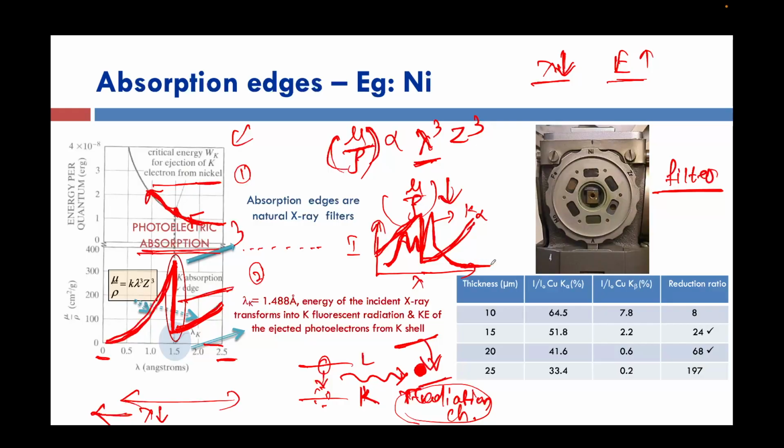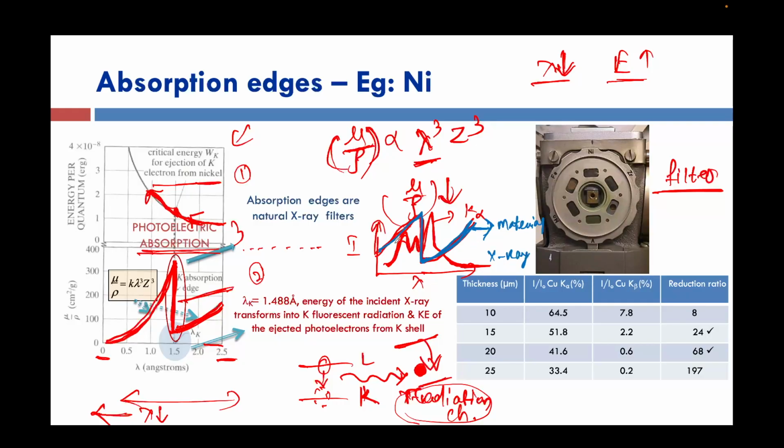I'll just change the color, let's say this color. So this is my X-ray. This absorption edge which I am talking about is the material which is on the path of the X-ray.